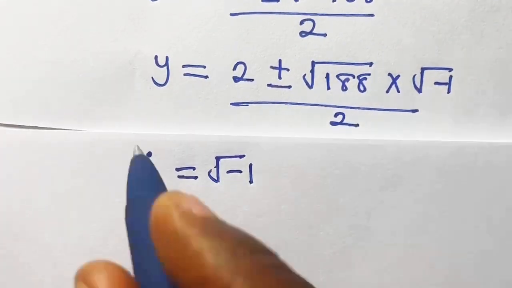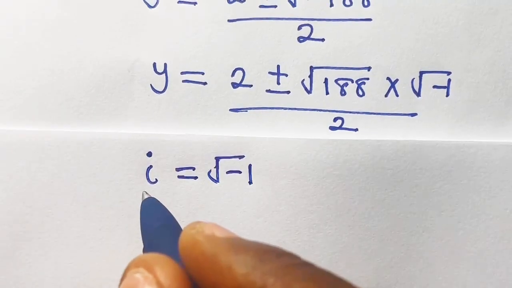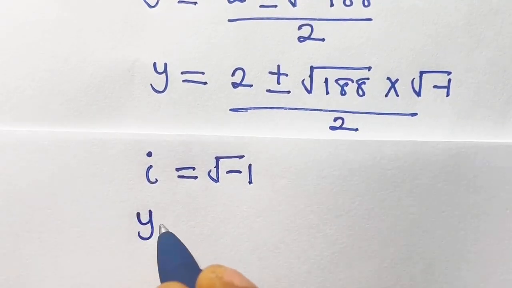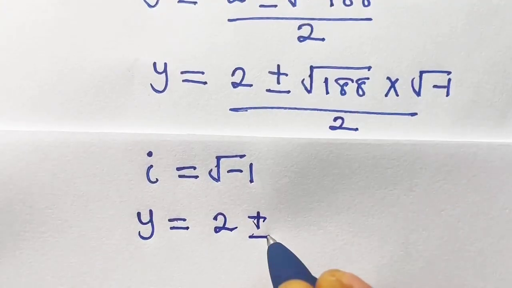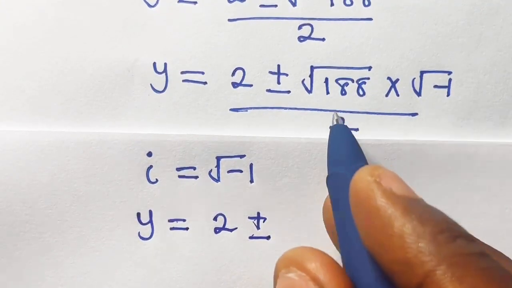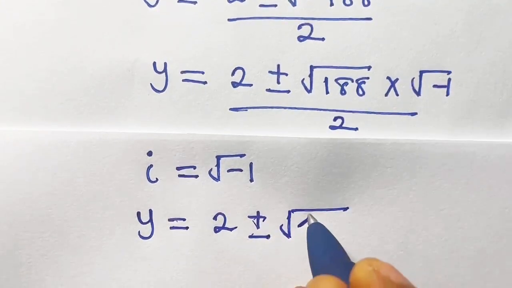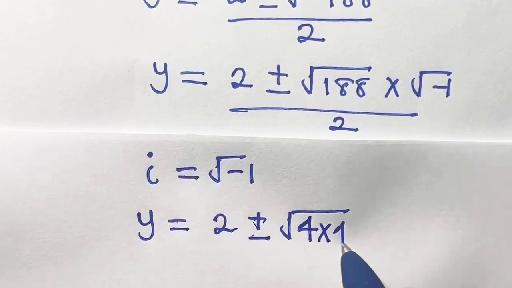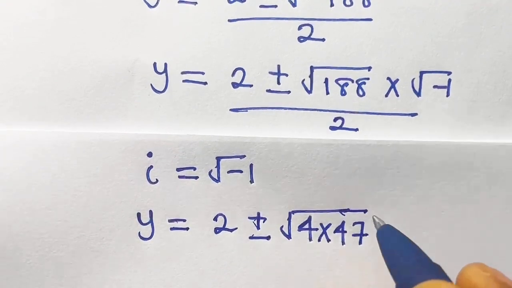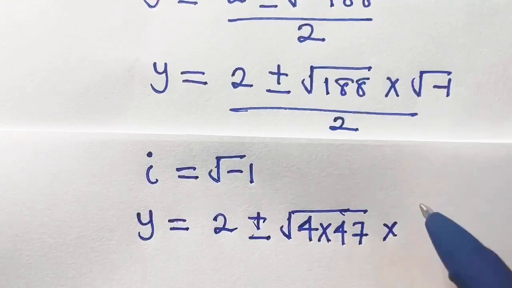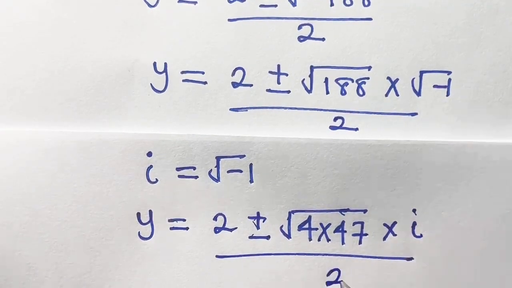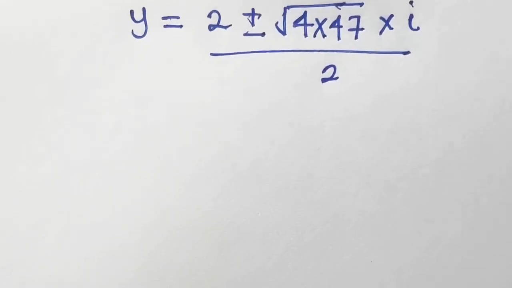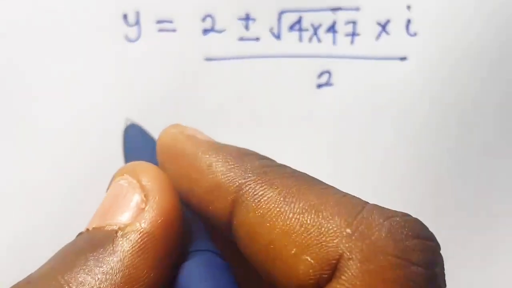Now we will have our y to be equals 2 plus or minus. This 188, we could express it as 4 times 47, times, don't forget our square root of minus 1 is iota i, divided by 2.